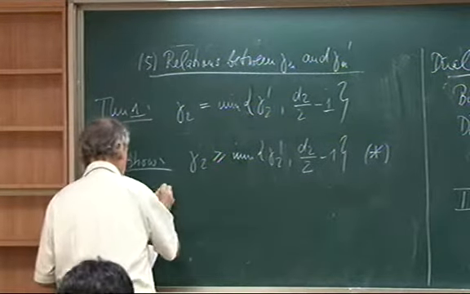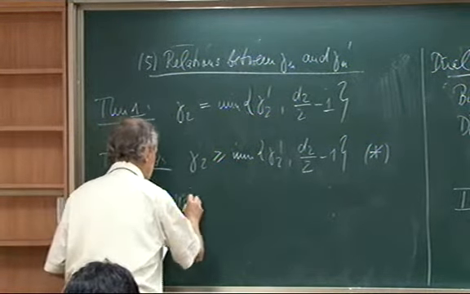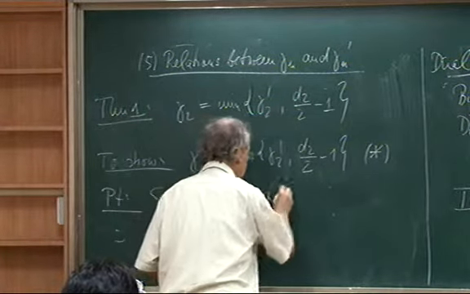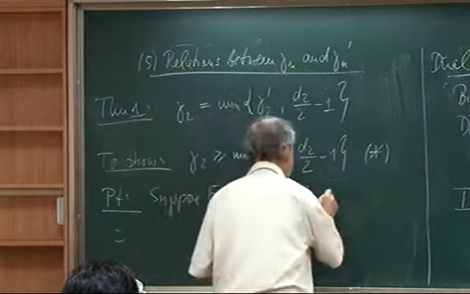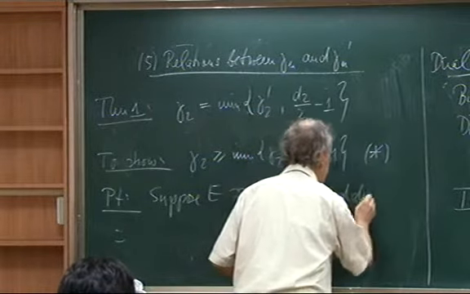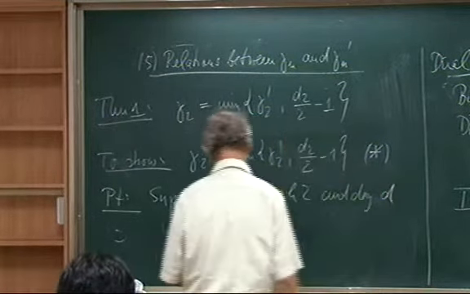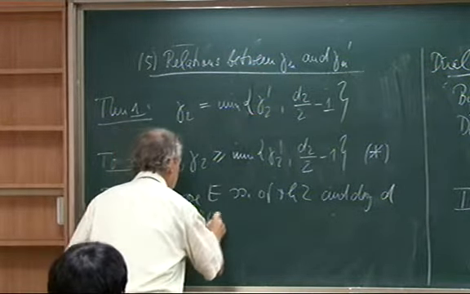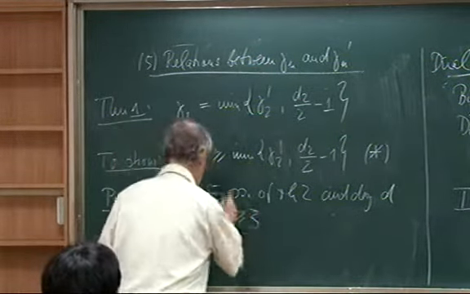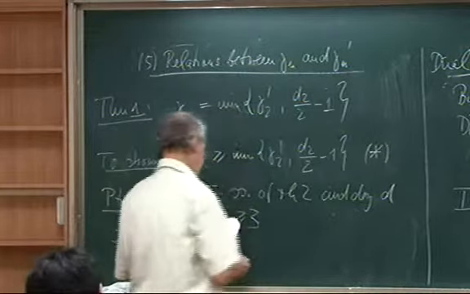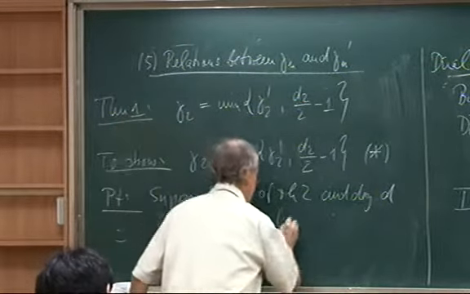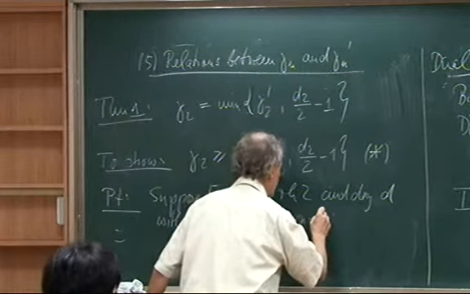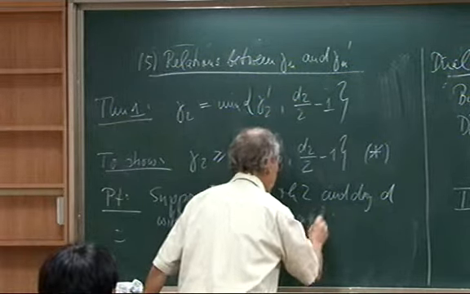Suppose E is semi-stable of rank 2 and degree D, and with H0 of E greater or equal to 3, right? Which is n plus 1 in this case. N is 2, n plus 1.